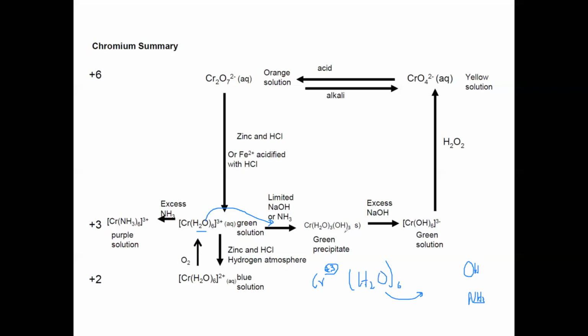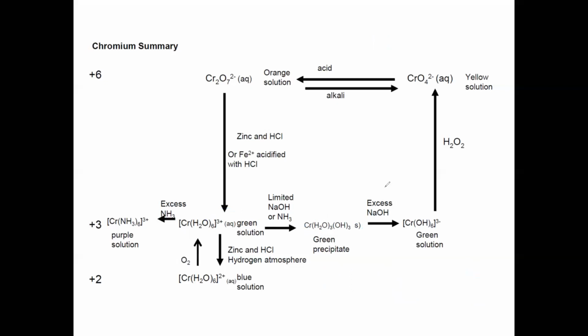The 3 water molecules which lost hydrogen turn into OH, so there are 3 OH ions, 3 water molecules, and chromium +3. Because chromium is +3, water is a neutral ligand, and hydroxide is -1, 3 hydroxides will be -3. So overall this compound will be solid because it does not have any charge.